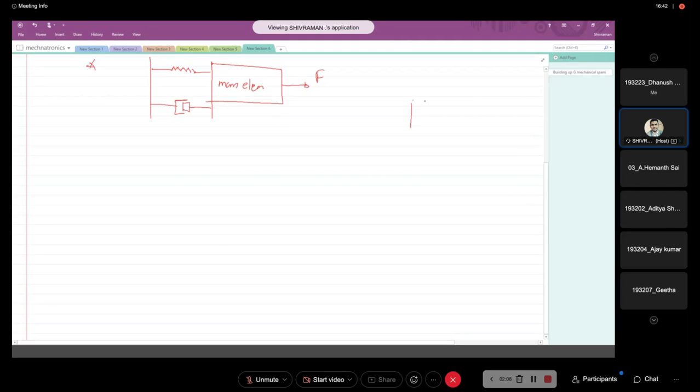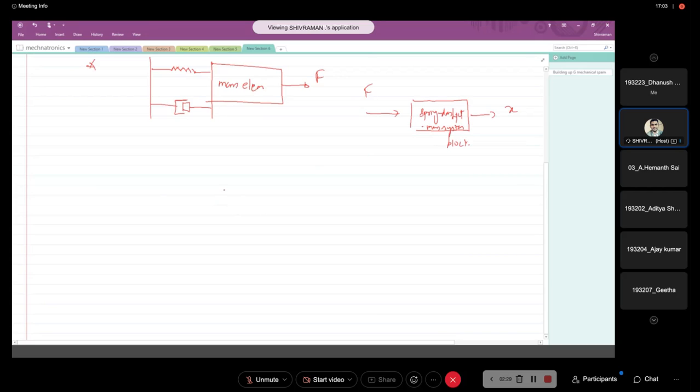If you see the system model, you have F as input, x as output, and you have spring, dashpot, mass, or block. Okay.